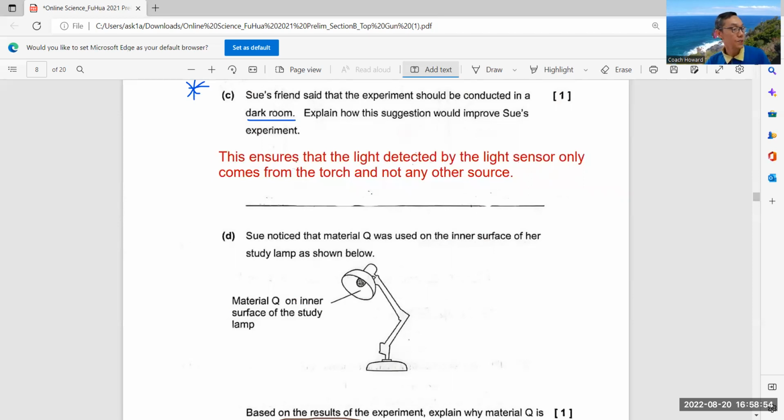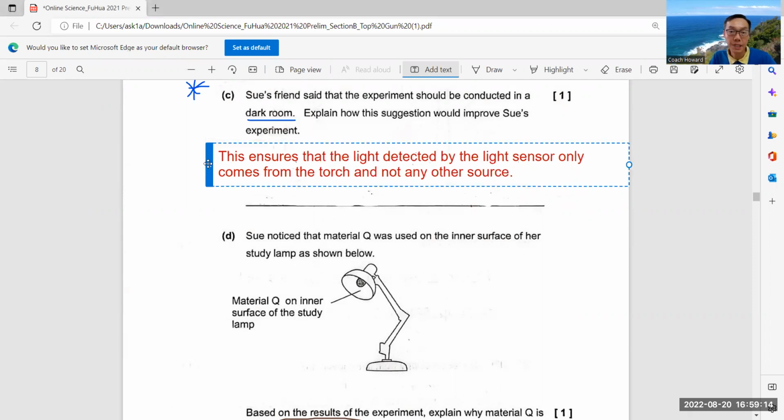For this question I sent to you, and the previous one as well, take some time to understand this question. Okay, let's continue to the next part.